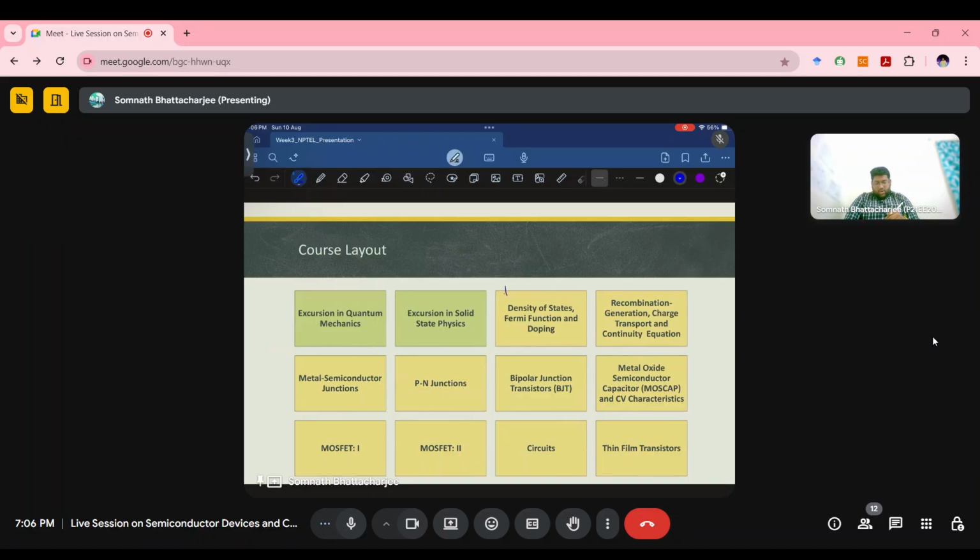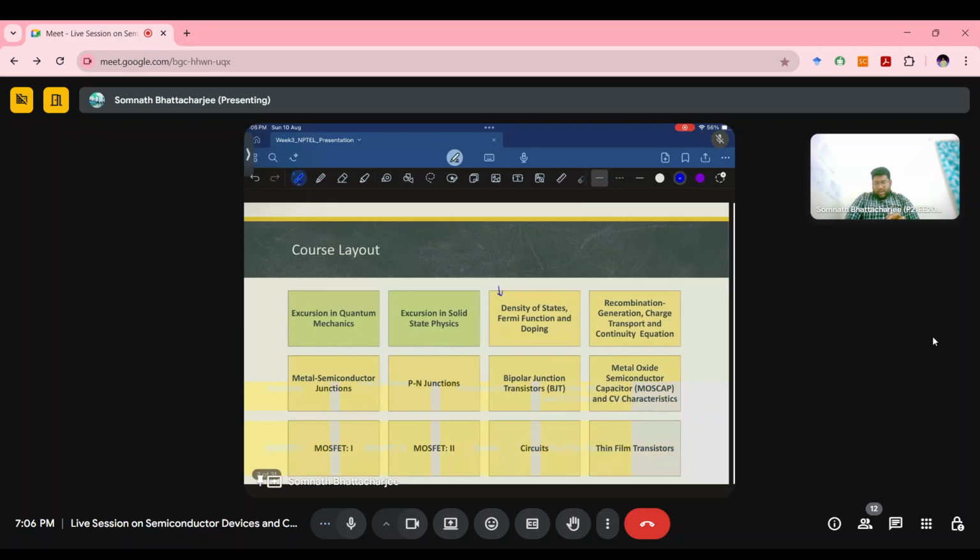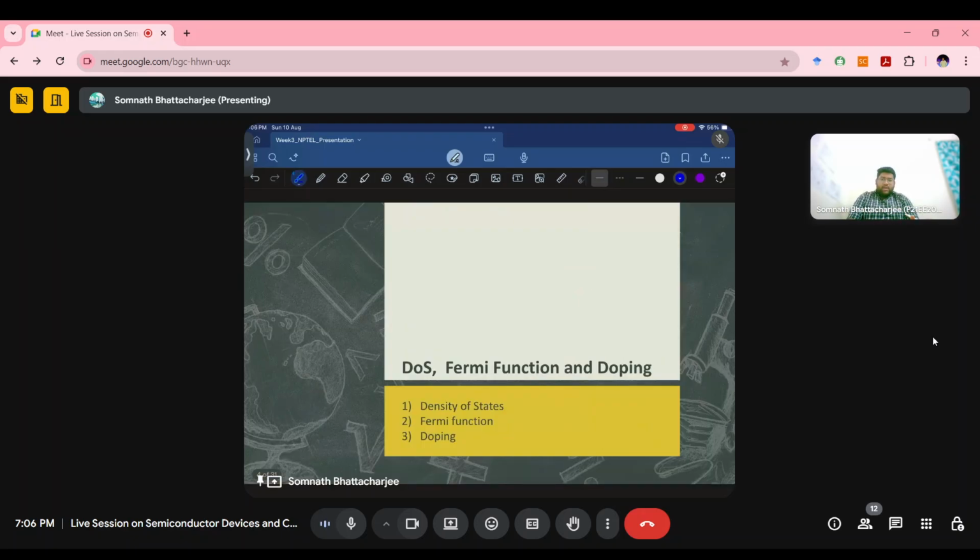So this is our today's class, and as is clear from the title, there are three parts. That is the density of states: what is density of states, and how are we implementing it on different dimensions of materials. Also the Fermi function: what is the Fermi function, and what is the Fermi level in a semiconductor.